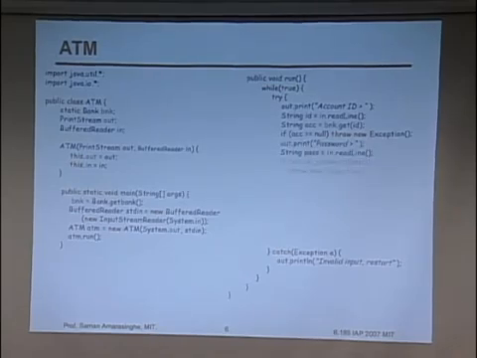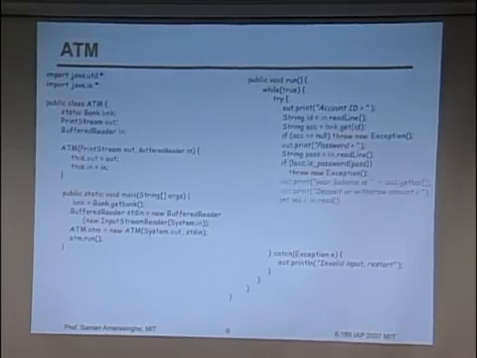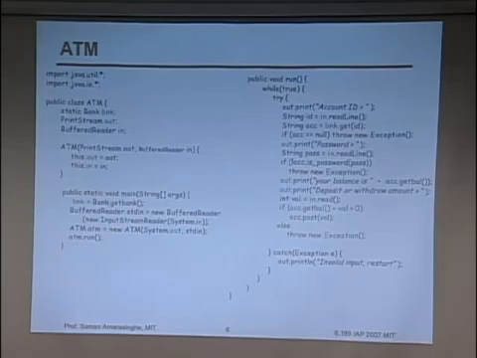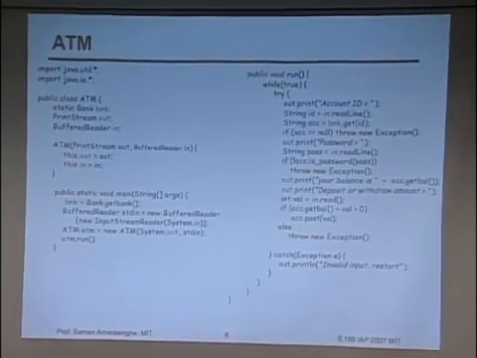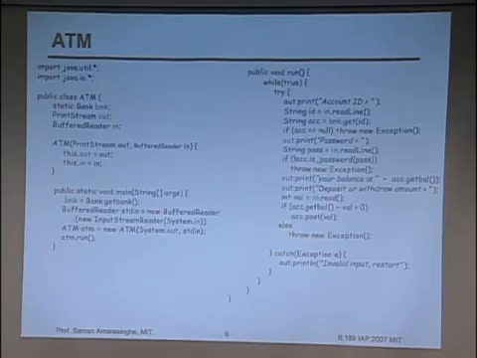Get the password and check it. If it's wrong, you throw an exception. And then you say, here's your balance today. What do you want to do? If you want to withdraw, you give a minus number. If you want to deposit, you give a plus number. And then you can post that into your balance.